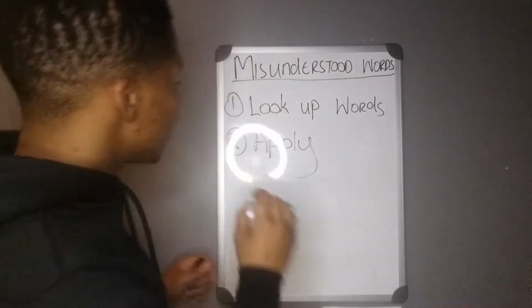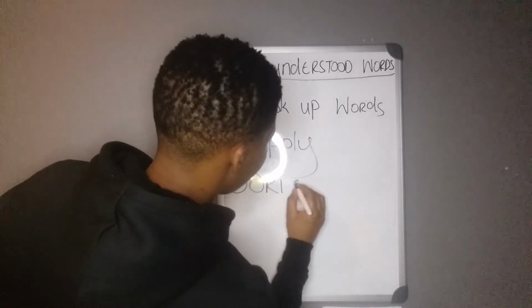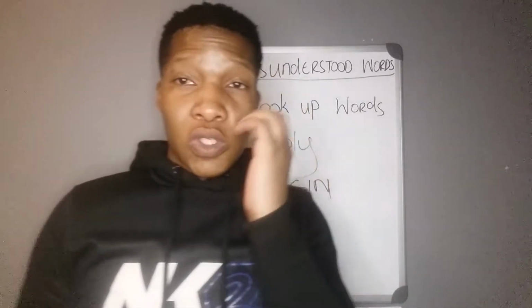Also, what really helps as well is you need to trace the words to their origin, because that will help you understand where the word came from. The most interesting one was, I started looking up words, and I always thought the word nice was a virtue, a good quality to have.